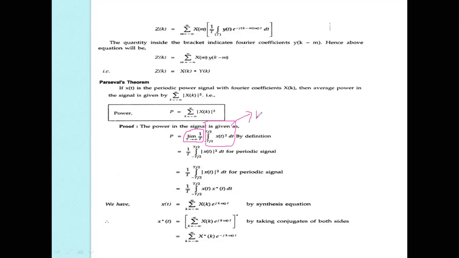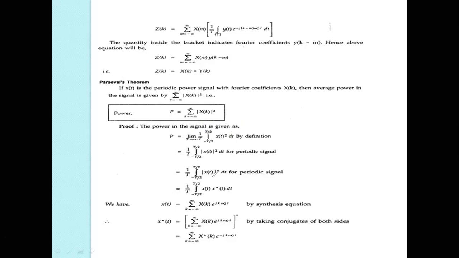The energy E, with the limit T tends to infinity and 1 by T, we call it the average power signal P. By taking this power signal in continuous time, P is 1 by T, integral from minus T by 2 to T by 2 of the squared magnitude of x of t dt. For a periodic signal, you can take it as a magnitude.